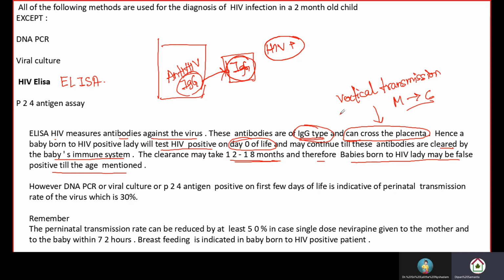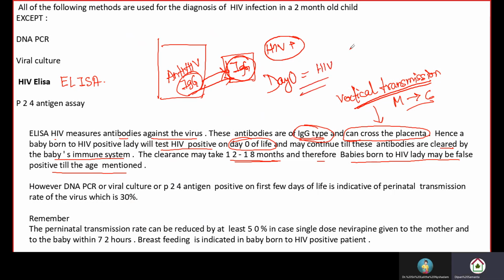There is a chance of vertical transmission in HIV, but sometimes only IgG comes, only antibody comes on day 0. That's why on day 0 it will show HIV positive.